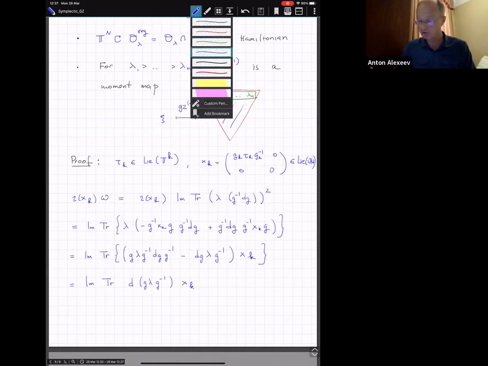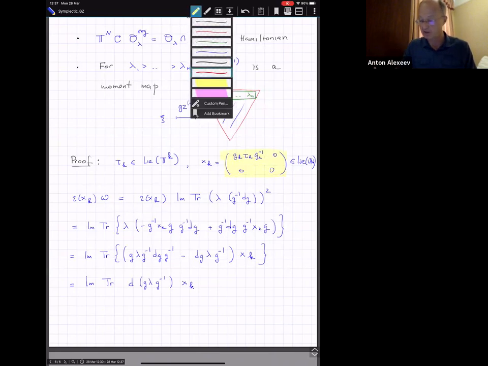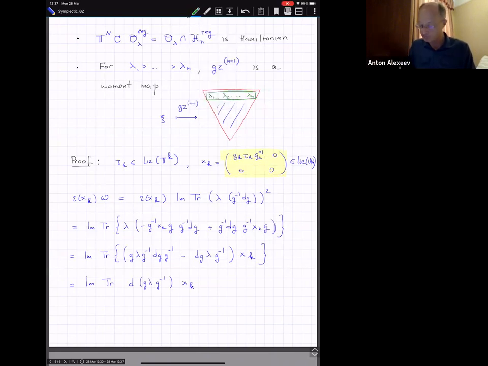But recall that my xK is of this particular form, right? And so this is ξ, and ξ is of the form ξK, garbage, garbage, garbage.